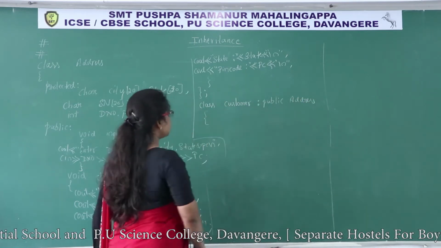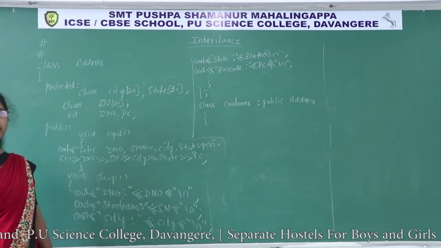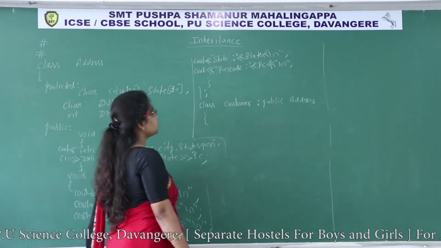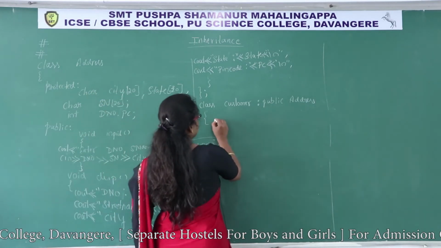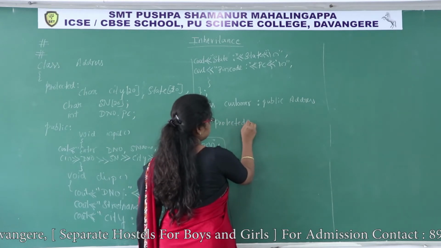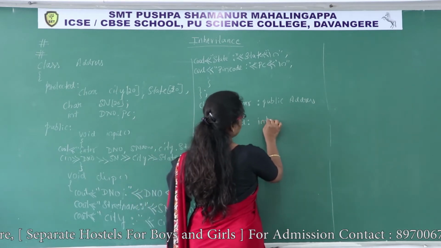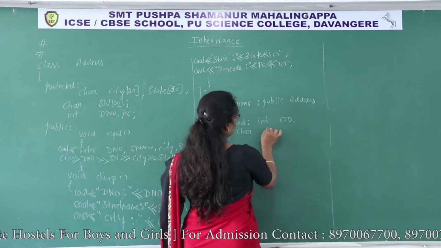So the customer class must contain its own data members like customer ID and customer name, and for customer address, it inherits the properties of this class. Protected: int customer ID, char customer name.